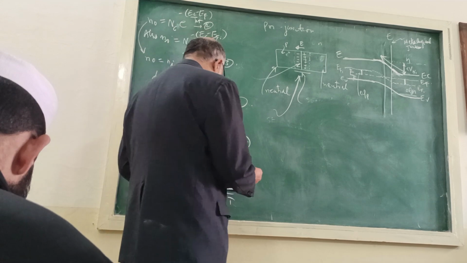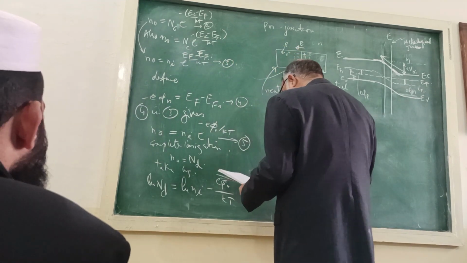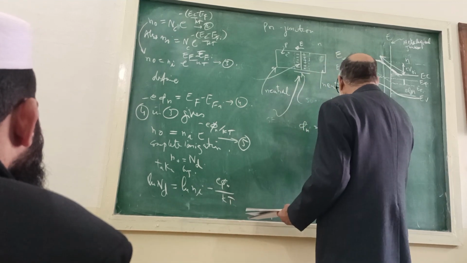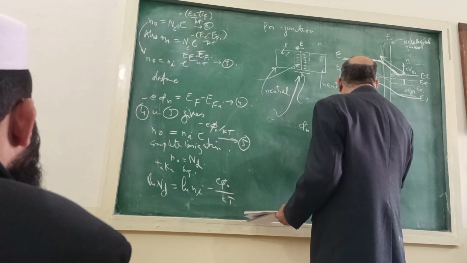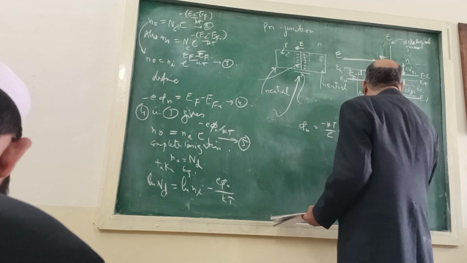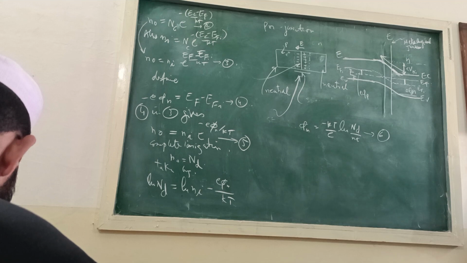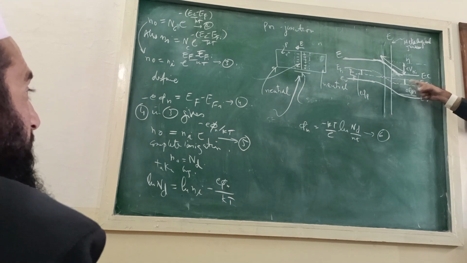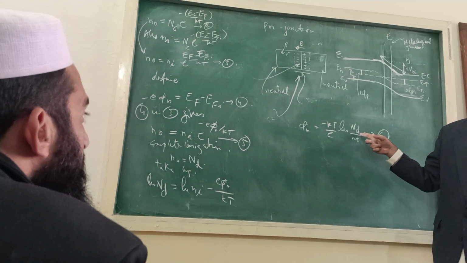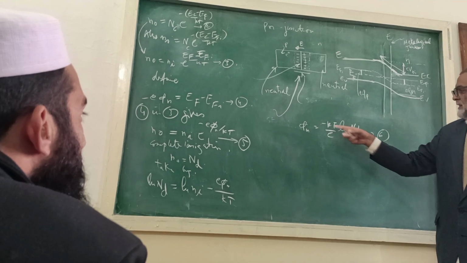So phi n is equal to minus kT by E log of ND over NI. That is equation number 6. So we got phi n in terms of the doping concentration, which we know.